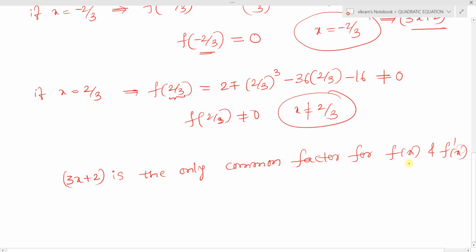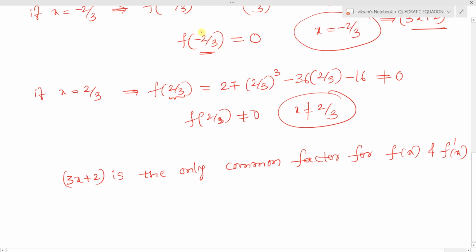Is it clear? If we find f dash of x and equate it to 0, we obtain x equal to minus 2/3 and 2/3. But substitute those values, the values obtained after assuming f dash of x equals 0, in f of x. In f of x only minus 2/3 satisfies 0.